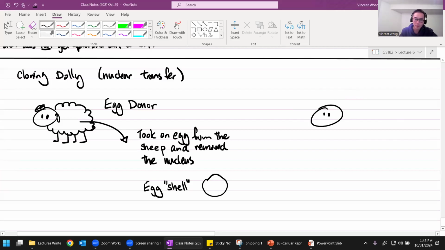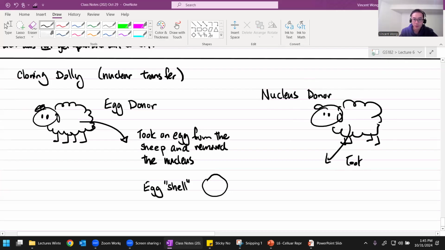Then sheep number two. Sheep number two is the nucleus donor. So they took a somatic cell and extracted the nucleus.